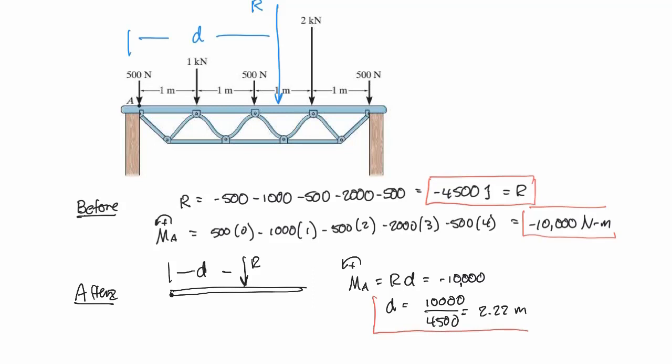So that is the distance at which I would place my resultant in order to have the same effect. In this case, there's no residual moment because this resultant placed at this distance will have the same effect as my original conditions.